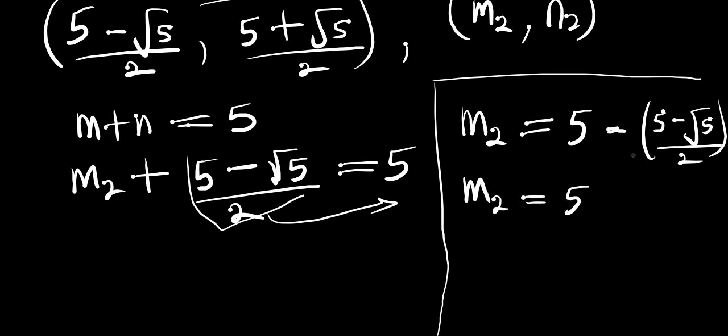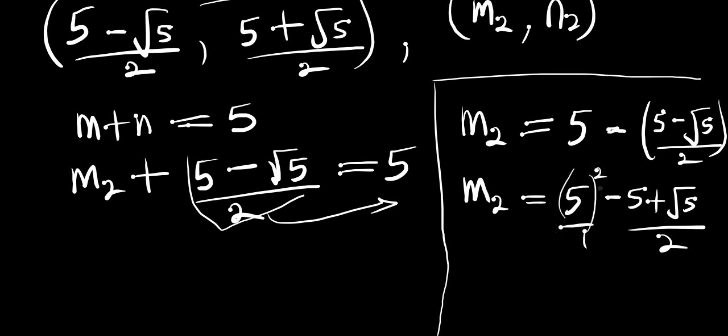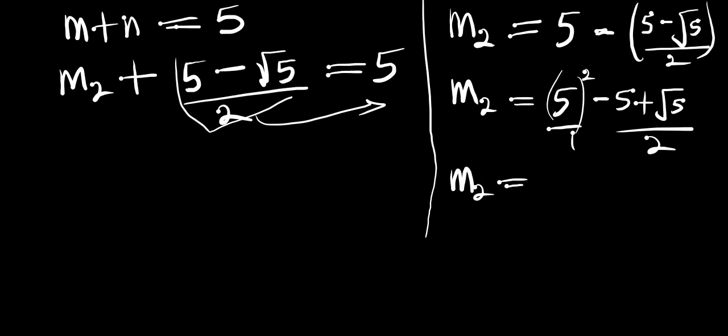Let's multiply everything with this negative sign. Minus 5 plus root of 5, and this is over 2. So this is over 1. We can multiply this like what we did before by 2. And we are going to have m2 is now equal to, this is times 2. It's not squared, it's times 2.